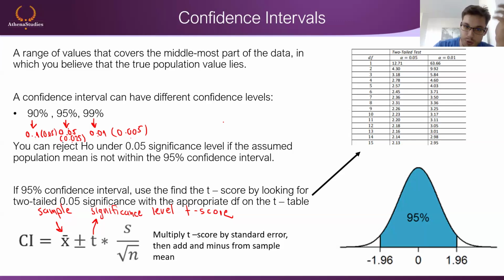But the most important thing I always like to tell students: t of 0.1 is approximately 1.64, and t of 0.05 is approximately 1.96.